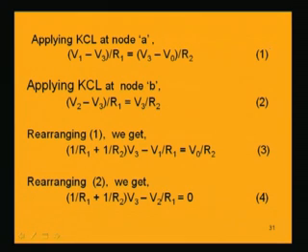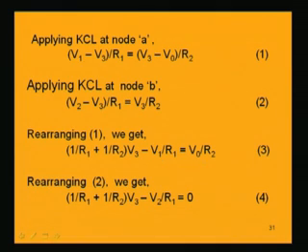Rearranging equation 1 conveniently, taking the term V3 common, and transferring to the other side this term, it will be V3 into 1 by R1 plus 1 by R2 minus V1 by R1 equal to V0 by R2.